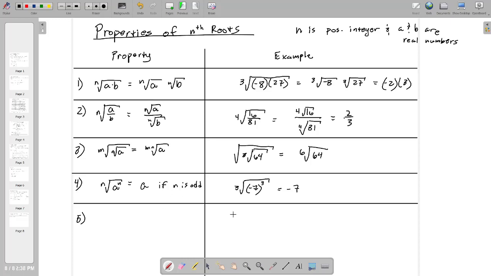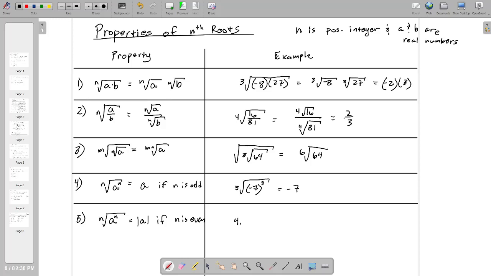Remember, an odd number of negatives multiplied together gives us a negative number, but an even number of negatives does not. So we actually get that the nth root of a to the n is the absolute value of a when n is even.